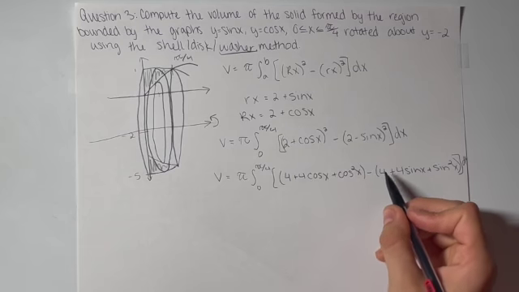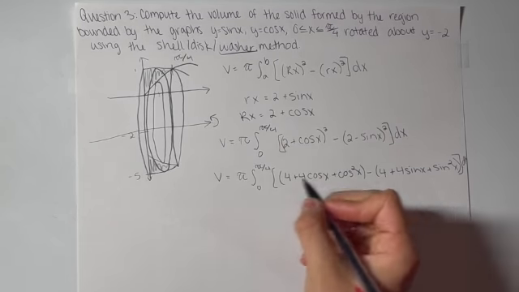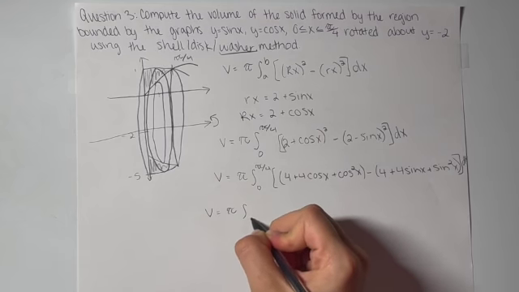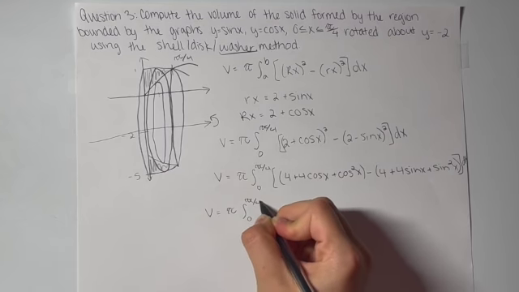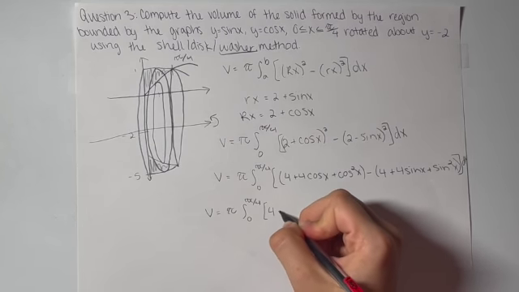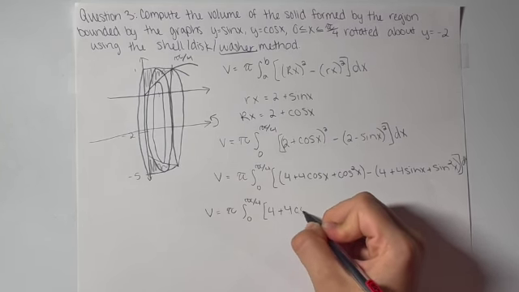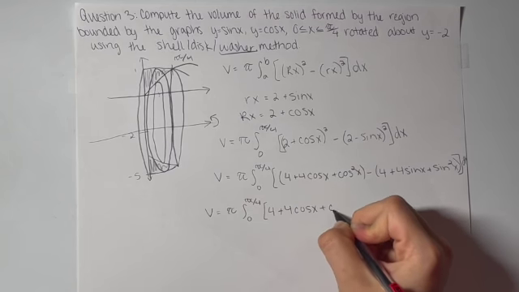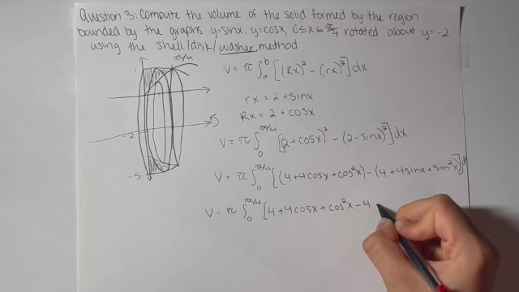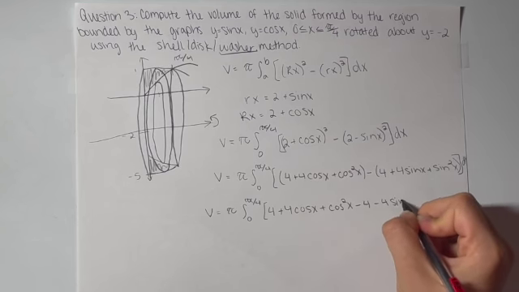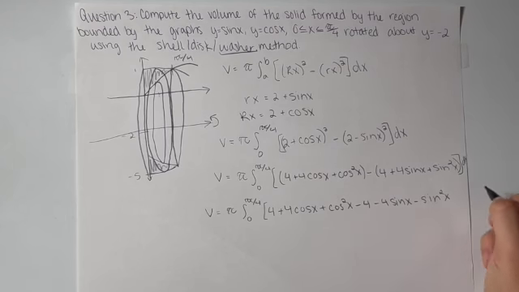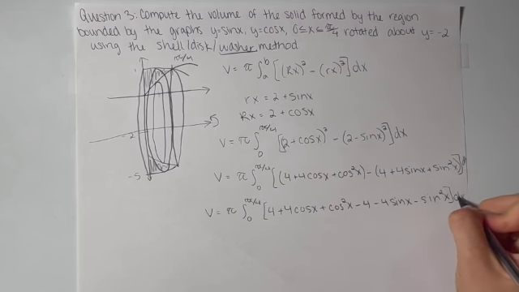Now we can distribute the negative here, and we will get V is equal to pi integral from 0 to pi over 4 of 4 plus 4 cosine x plus cosine squared x minus 4 minus 4 sine x minus sine squared x dx.